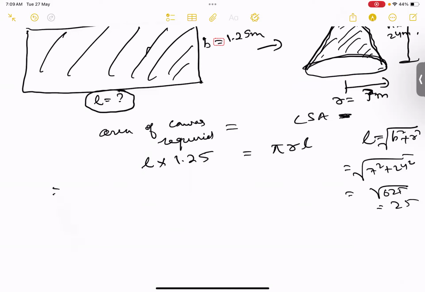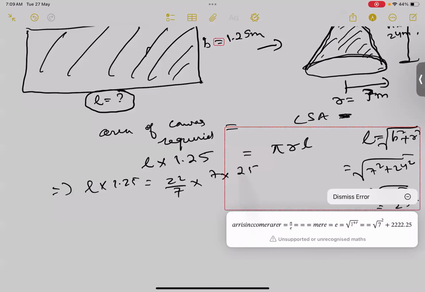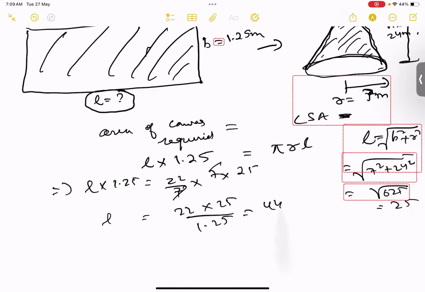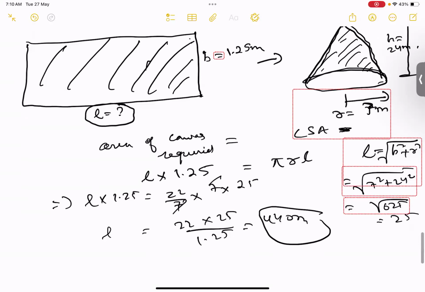So l into 1.25 is equal to pi, which is 22 by 7, into radius 7 and slant height 25. So length is equal to 22 into 25 divided by 1.25, and that is 440 meter, which means we require a length of 440 meter.